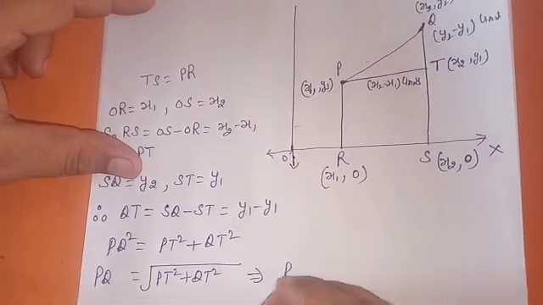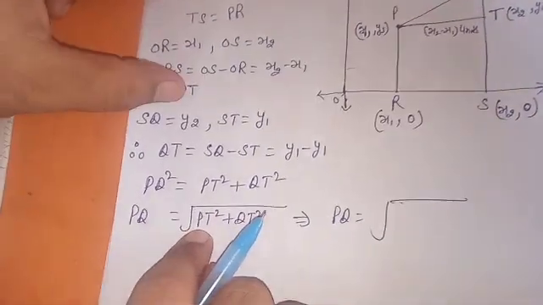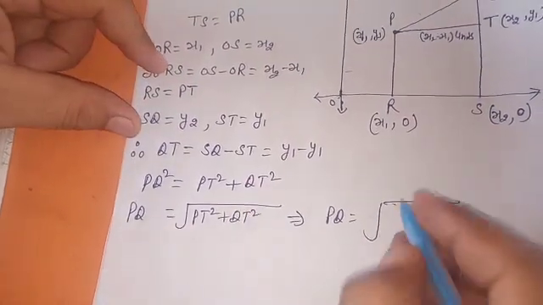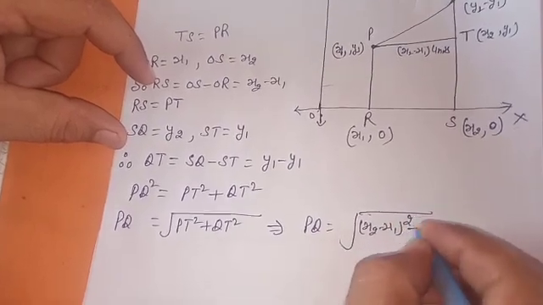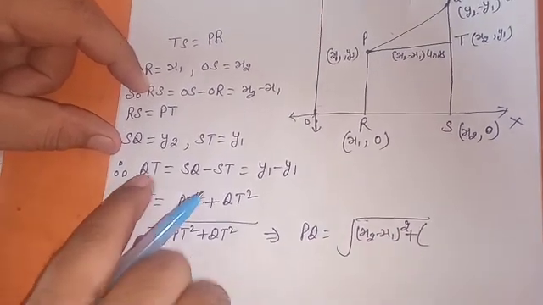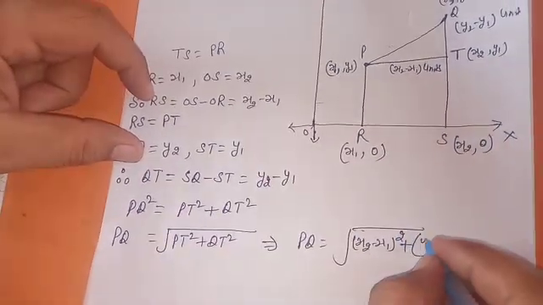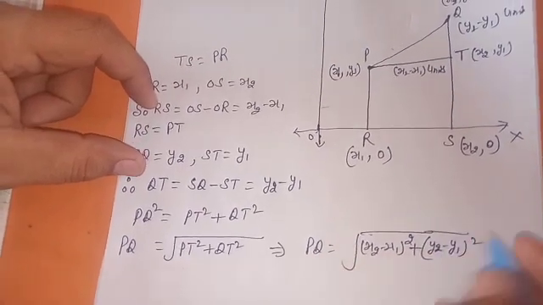This implies PQ equals the square root of PT, which is RS, equal to (x2 minus x1) whole square, plus QT, which is (y2 minus y1) whole square.